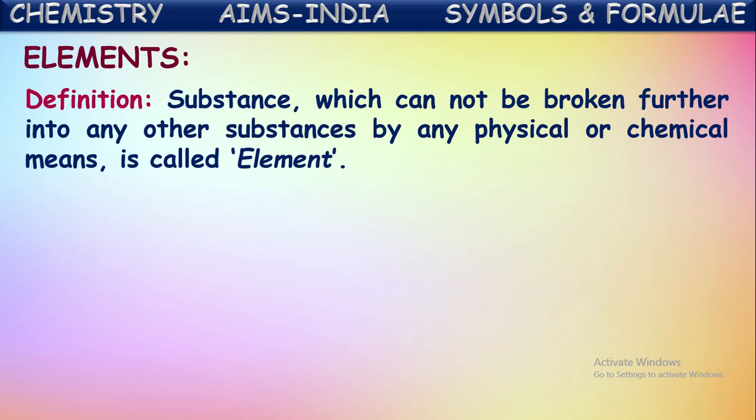Even if you break it, the substance will be of the same kind. Simply to understand, a substance which is made up of only one kind of atoms is called an element.